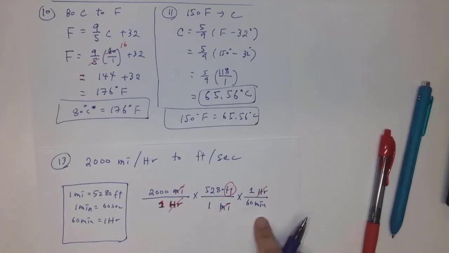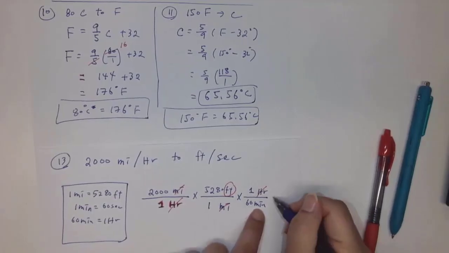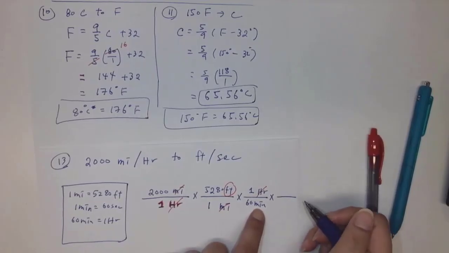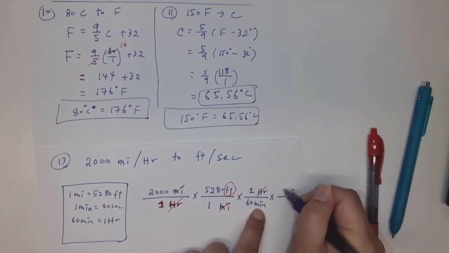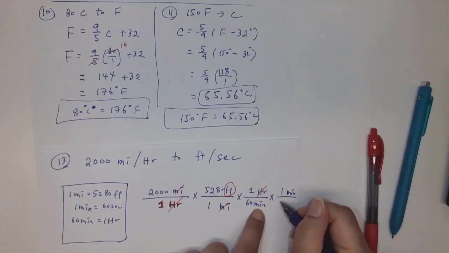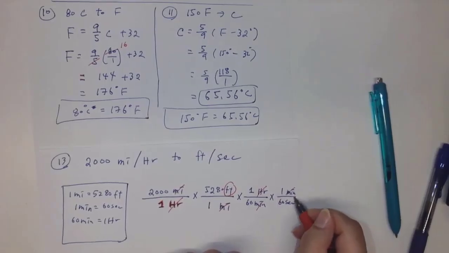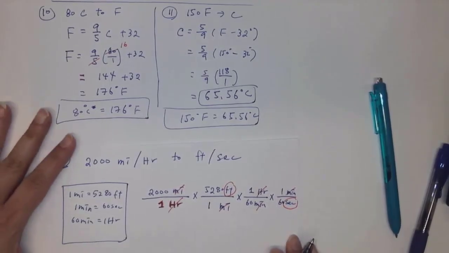Do I need minutes? No, so minutes need to go, because minutes is at the bottom, so now it needs to go to the top. 1 minute is 60 seconds, so that's how I can get rid of the minute, right? And then I will end up with seconds, right? Are we okay?